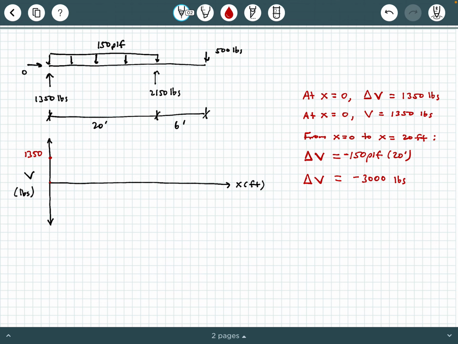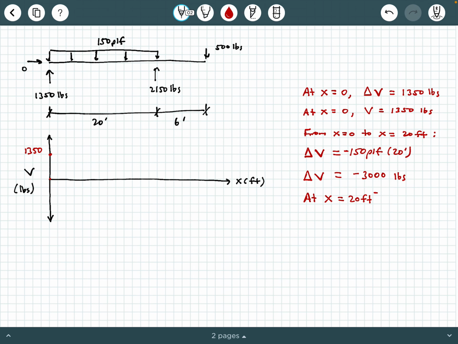So that means the shear force has changed. That's delta V. It's changed in the negative, or downwards, direction by an amount equal to negative 3,000 over this length, and it's done so in a uniform fashion. So what does that mean for us? Well, that means that at x equals 20 feet, just to the left of that 20-foot mark, so I'm going to use some mathematical notation and put a little superscript negative sign there, the shear force is going to be equal to what?